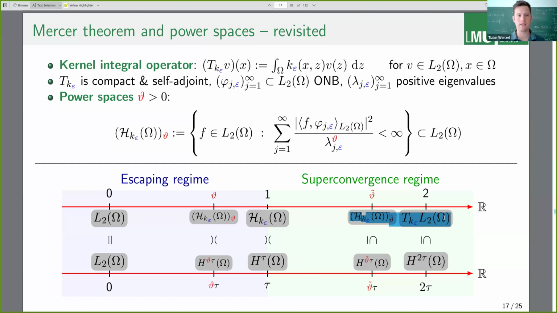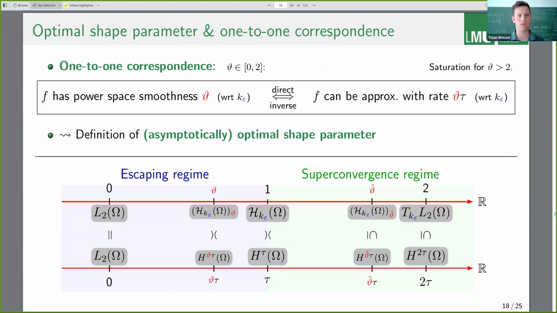Okay, and with this, we have still our same setting with the one-to-one correspondence, which we already saw before. So we have that a function f has some given power space smoothness, if and only if it can be approximated with some given rate. And now the important thing here is that these notions depend on our kernel and therefore on our shape parameter epsilon.